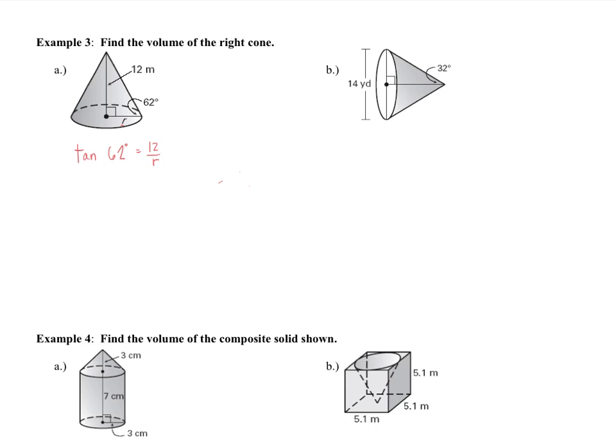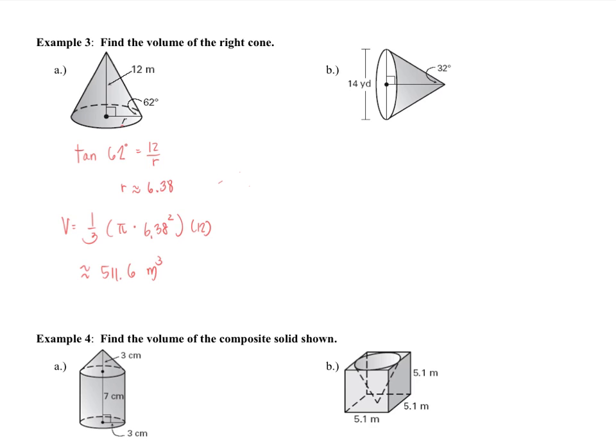And after you use your calculator to find out what r is, it should be 6.38. Then I can find the volume. 1/3 pi r squared times the height of 12. So this would be equal to about 511.6 cubic meters.